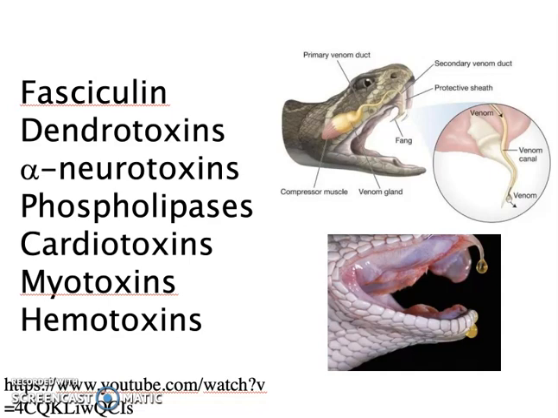Cardiotoxins, as I'm sure you can tell, attack heart cells, causing irregular heartbeats and death. Myotoxins inactivate muscle cells, again leading to paralysis. And finally, hemotoxins cause hemolysis, which is the destruction of red blood cells.